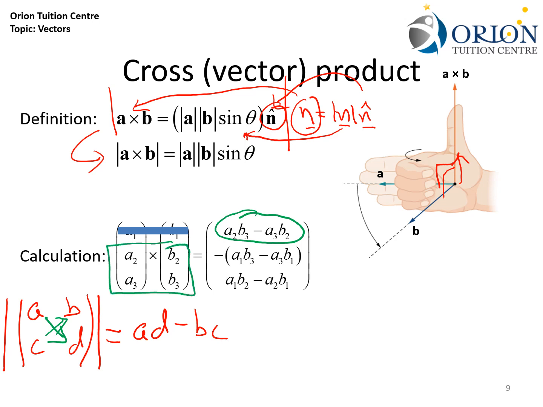Likewise, to find the second term in our product, we cover up the second row and find the determinant of the remaining 4 terms. And likewise for the third term, we cover up the third row and find the determinant of the remaining 4 terms. However, do note that for the second term, we have to add a minus sign over here.